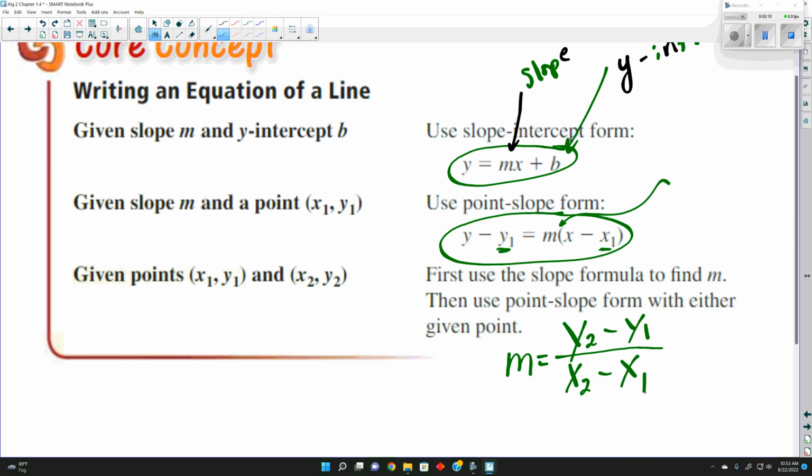We can find the slope and then use point slope form. There's not an actual equation for two-point form, because it's just taking the equation for a slope and plugging it into the point slope form. So it's not actually giving us a new equation.